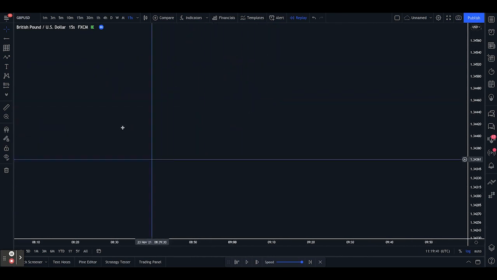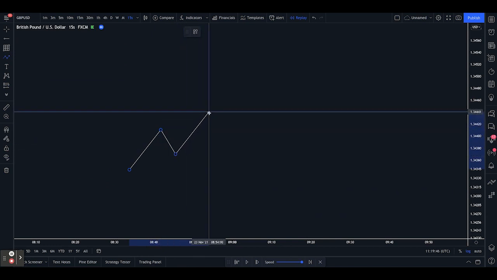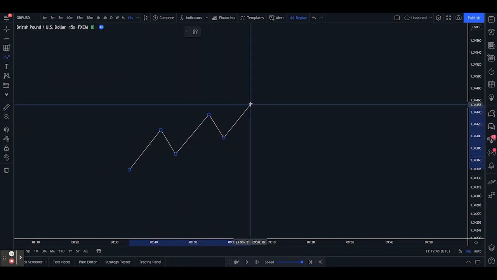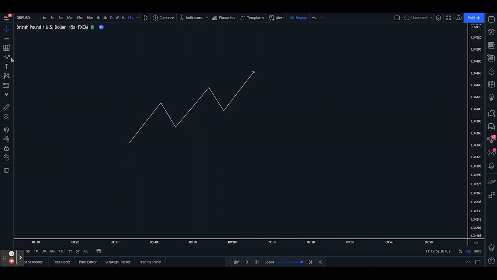So what should you do now? Well, the first thing you should do is go to the markets and identify higher highs, higher lows, bullish breaks of structure, and find yourself bullish trends. Okay, identify bullish trends. Now, what you should do from there is identify bearish trends. Look for areas of lower lows and lower highs where you can identify trends and just build an eye for the market and build an eye for being able to find where the market is moving up and when the market is moving down.